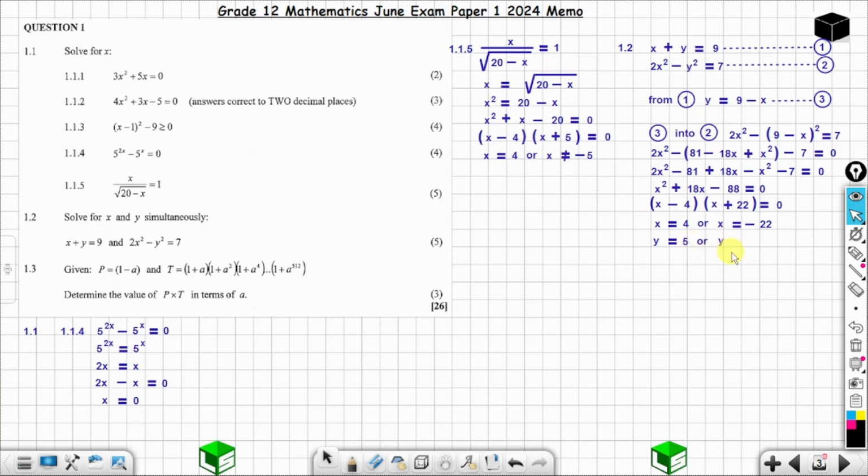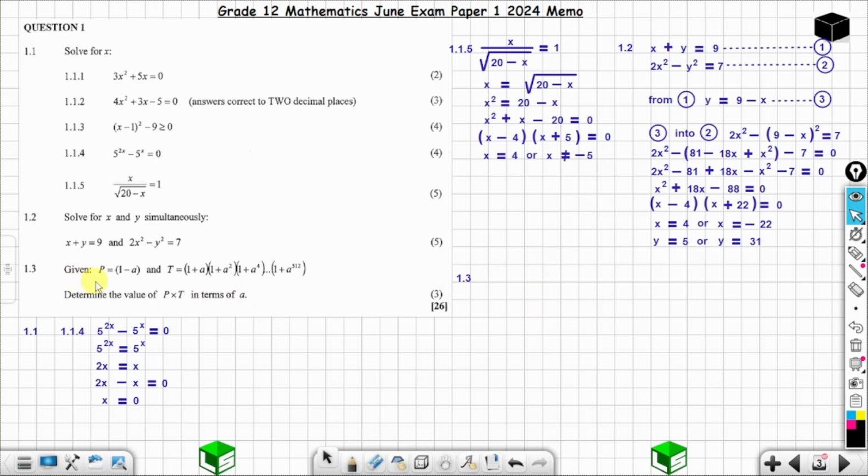Or you use x is equal to negative 22, so y is equal to 9 minus negative 22. So 9 plus 22, you have 31.